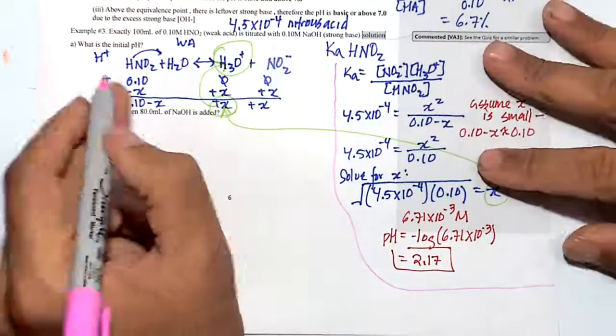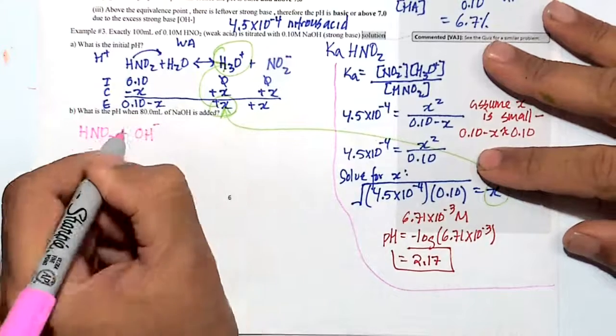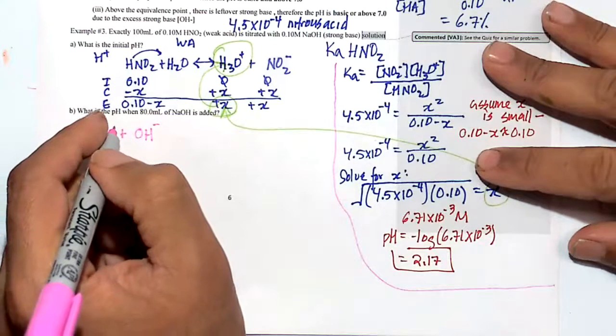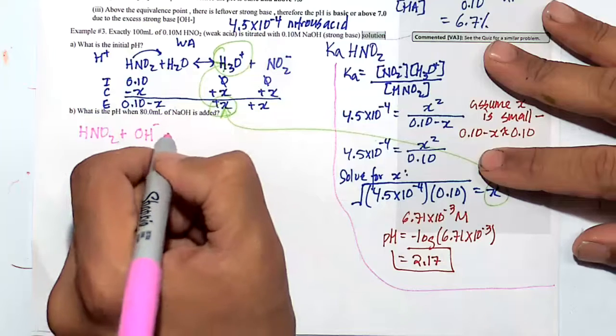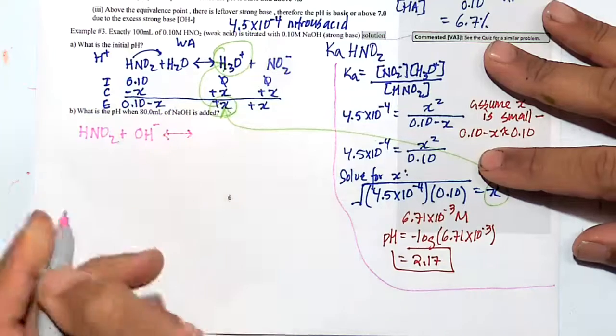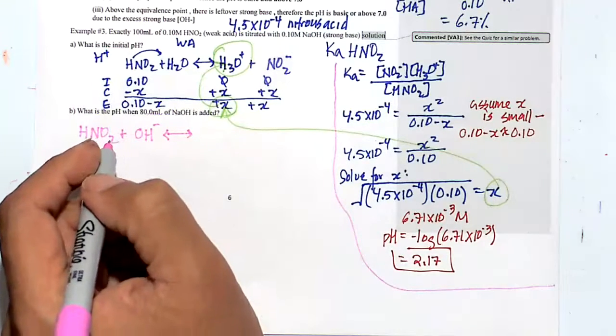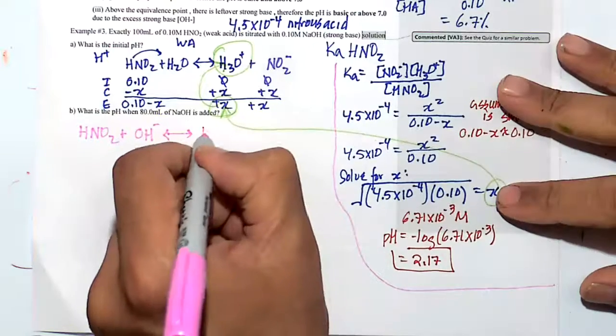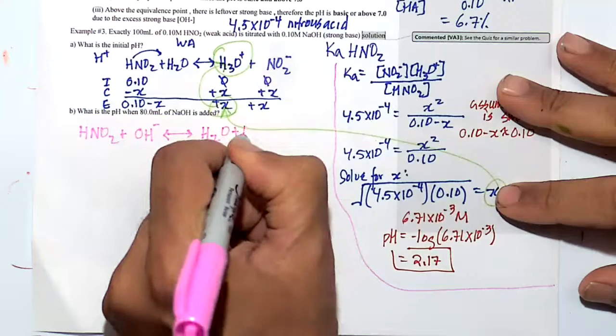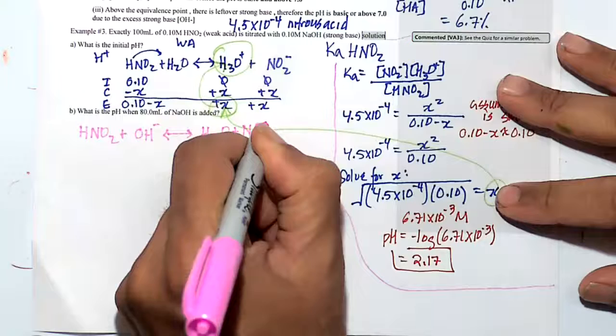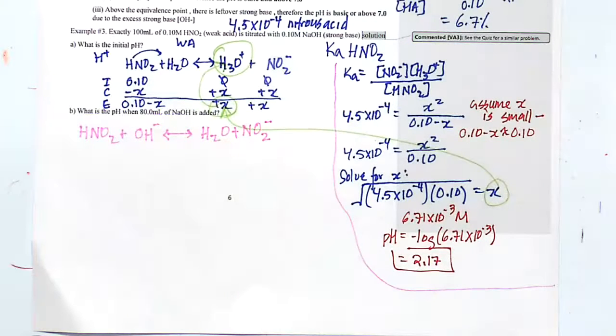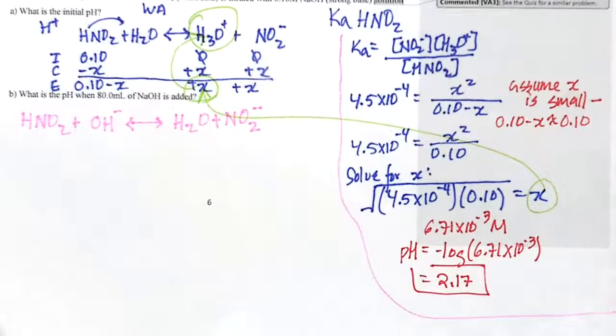You can just write it as OH minus, because the Na plus is a spectator ion. That is a powerful base. This is a weak acid. So you're going to get H2O plus NO2 minus. So that is our equation.